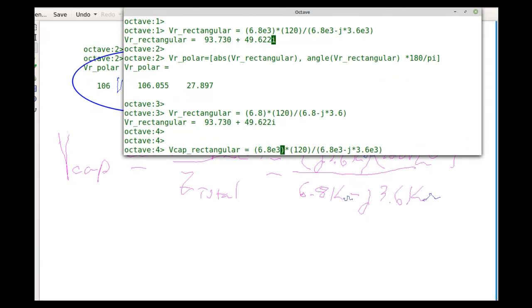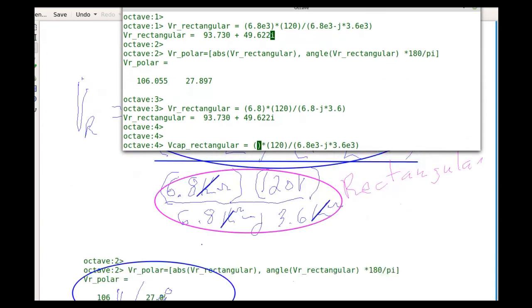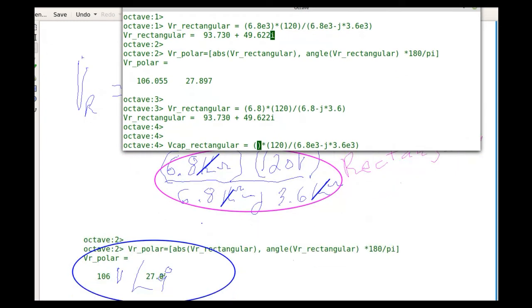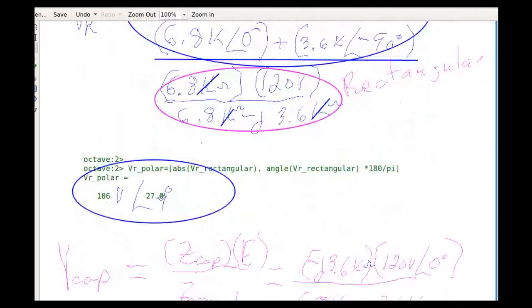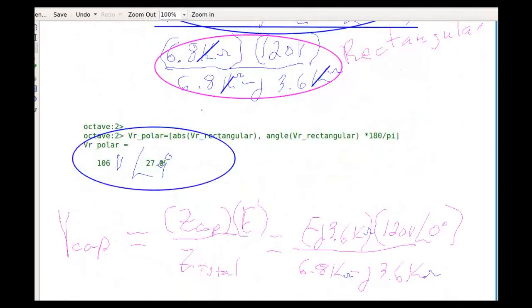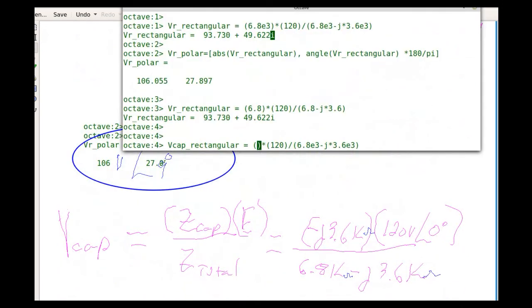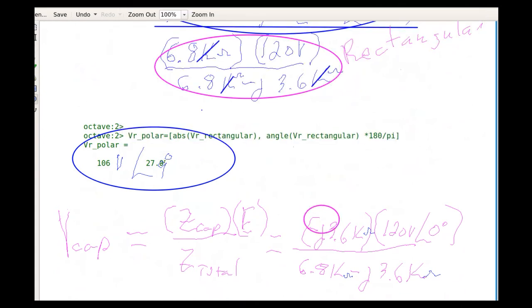The only thing that changed is this piece right here.